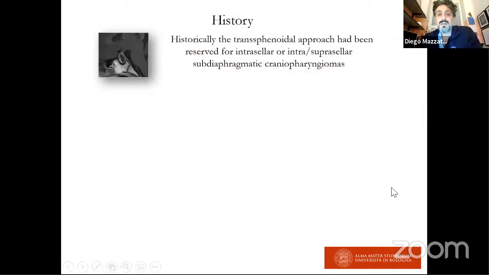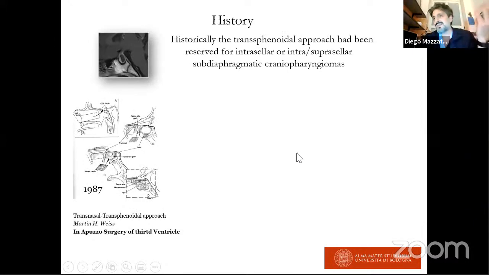Historically, the transsphenoidal approach has been reserved for intrasellar or intrasuprasellar subdiaphragmatic lesions, for example, craniopharyngiomas. In the late 80s of the 20th century, there were pioneering papers, written for example by Weiss, using the microsurgical technique to try to enlarge the transsphenoidal approach to the supradiaphragmatic approach.